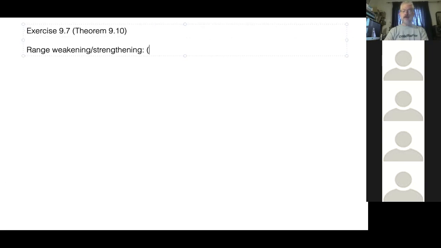That for all x, q or r, so we've got an or in the range, p, implies for all x, q, p.